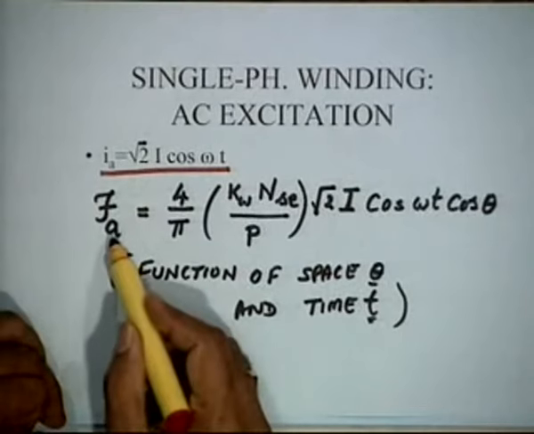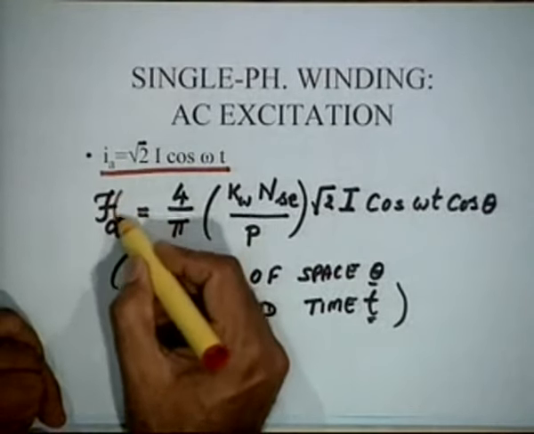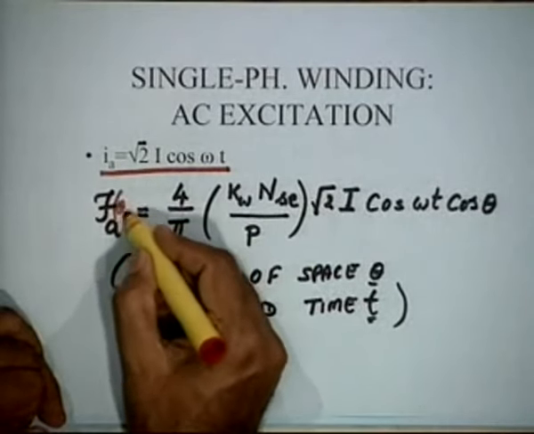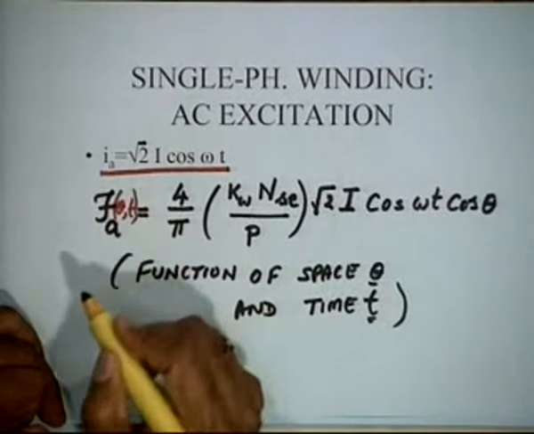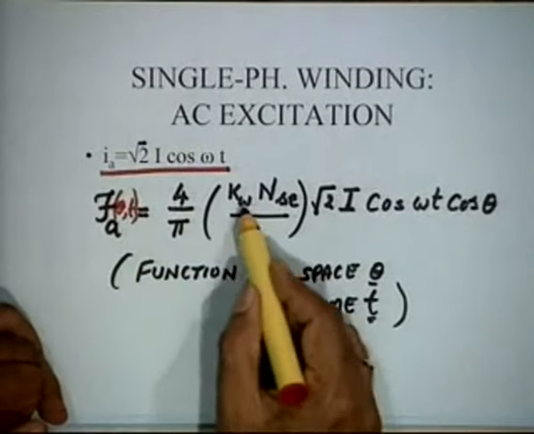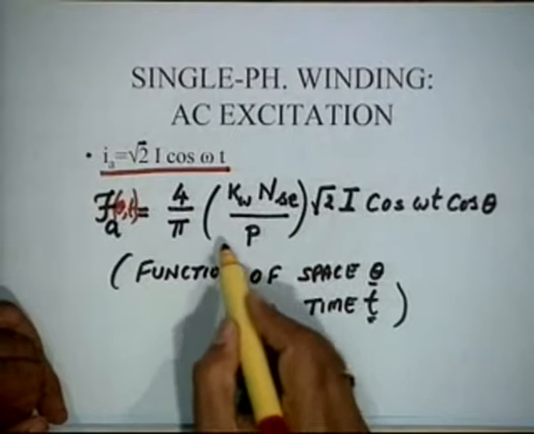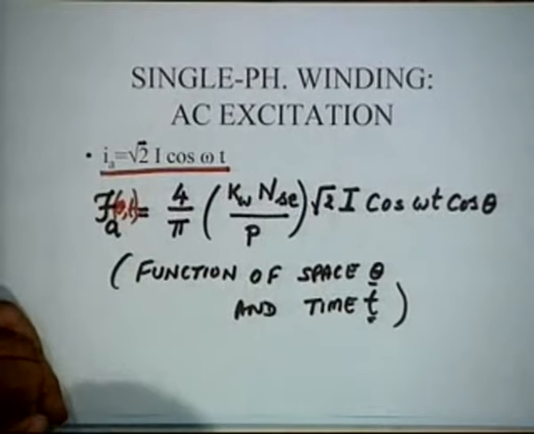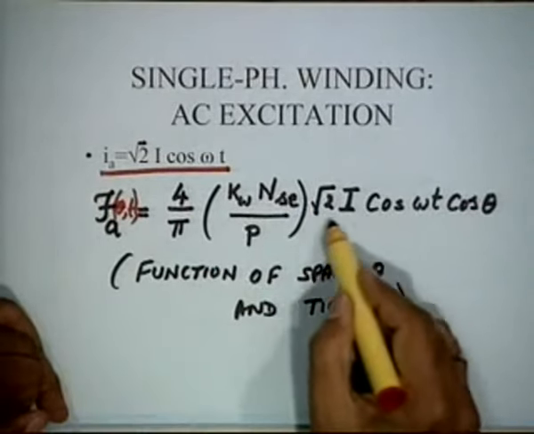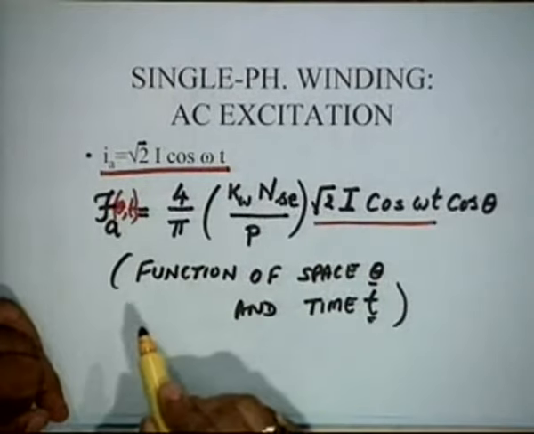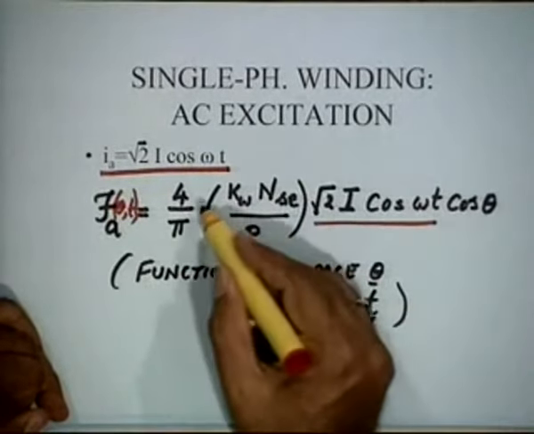Therefore, the MMF, which is now a function of theta and time, will be 4 by pi kW NSE by P, which is the design data, so that constant will remain. The current is now root 2 I cos omega t, and this is the maximum value.